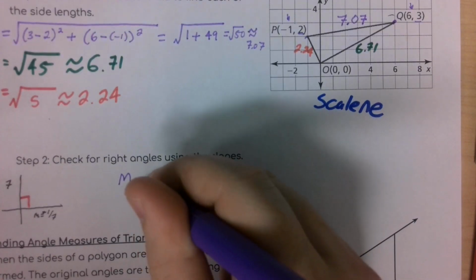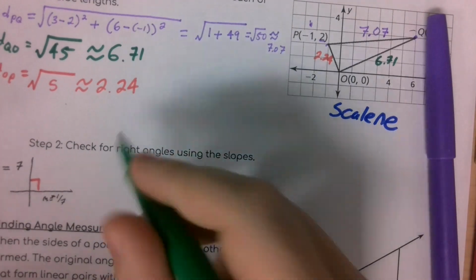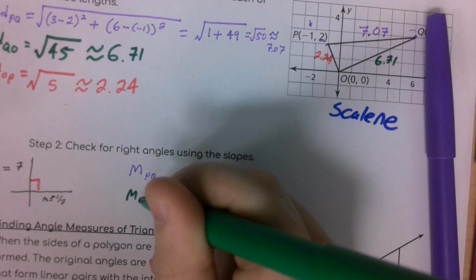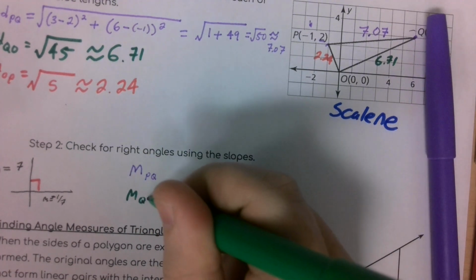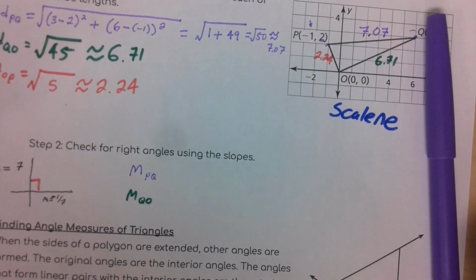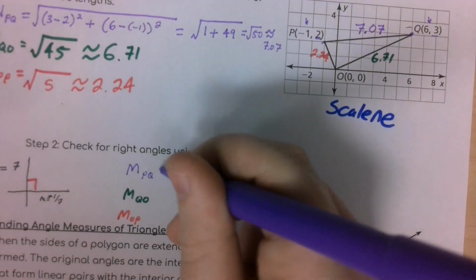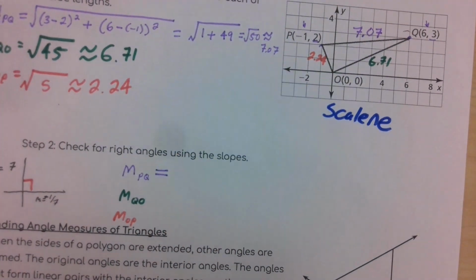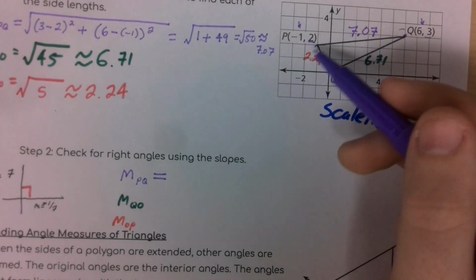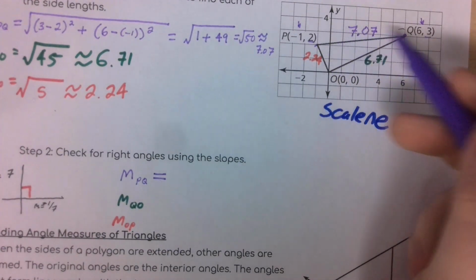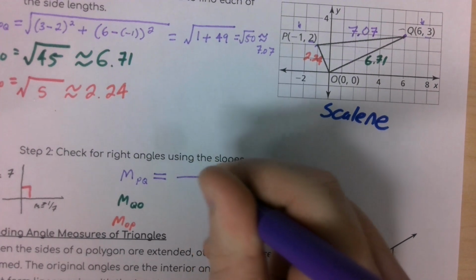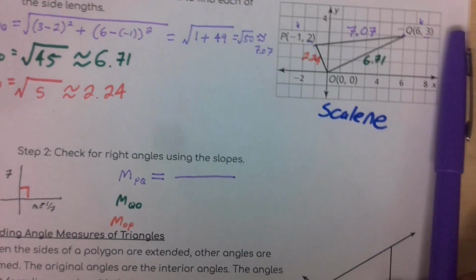So we're going to find the slope of PQ together. Then on your own, you're going to find the slope of QO and the slope of OP. So for PQ, we could count out the slope, like go up 1/7. But I want to remind you, you can also use the slope formula.